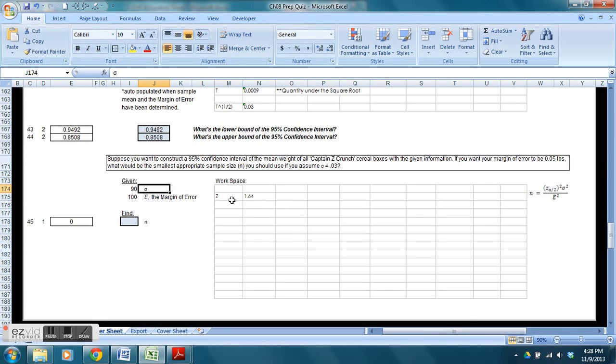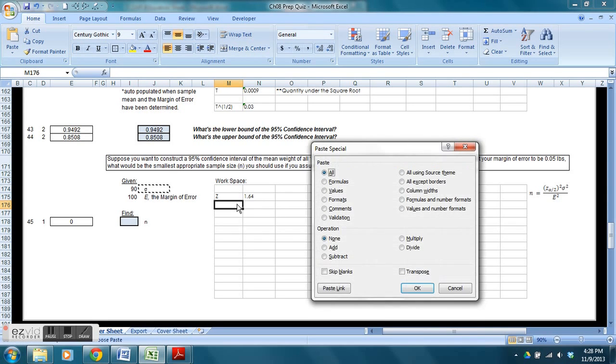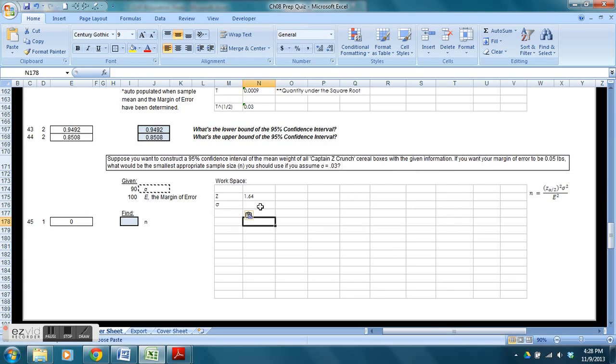Anyways, I'll paste some values right here so I don't have to look up the symbol. I did not fix these, but we'll fix them now. We have a sigma of 0.03, and we want our error margin to be 0.05.